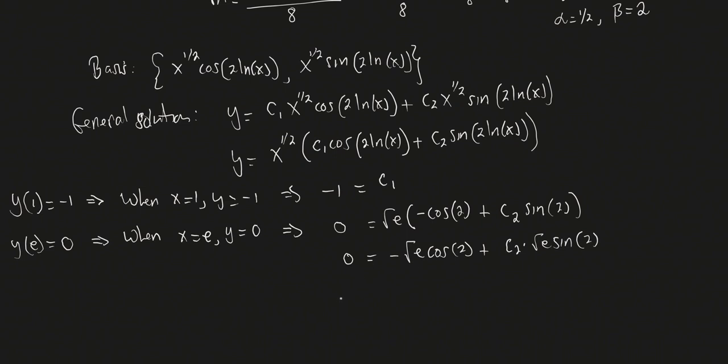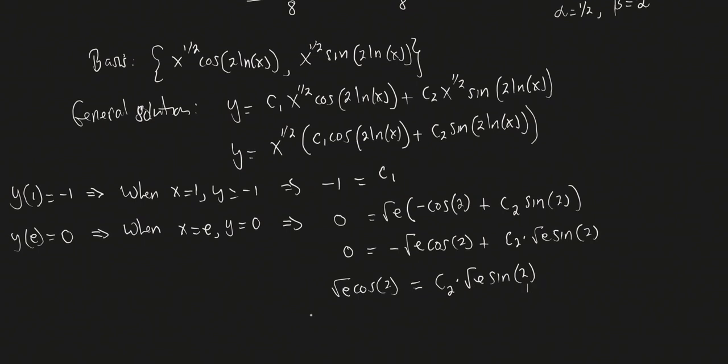So this is root e cosine of 2 is equal to c2 times root e sine of 2, and then divide both sides by root e sine of 2.